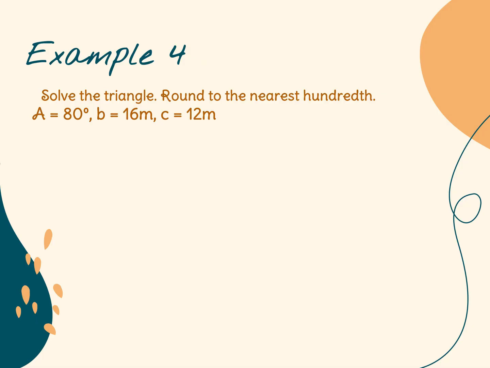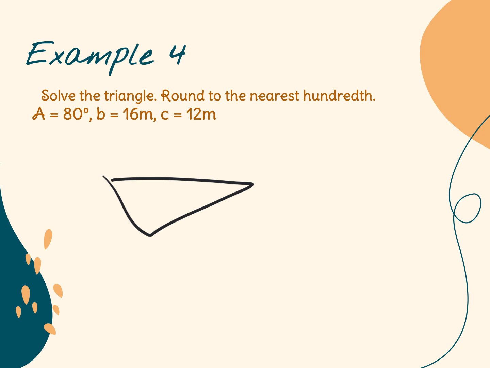All right, so again, if you want to see what you've got here, because on the quiz, I'm not going to tell you what scenario this is. This could be ASS or SSA. So this is where it's important that you draw it so you know, are you doing the ambiguous case or are you using law of cosines?